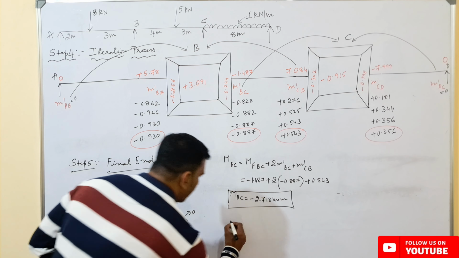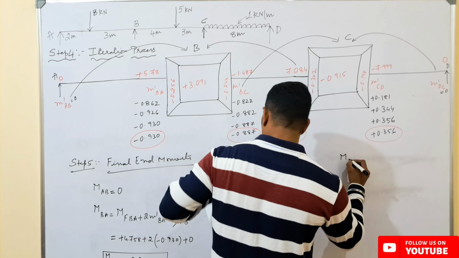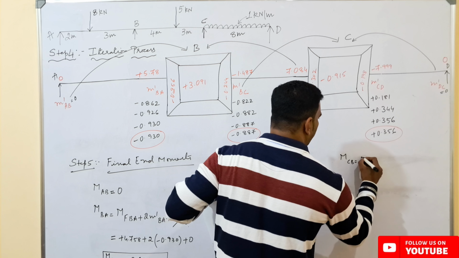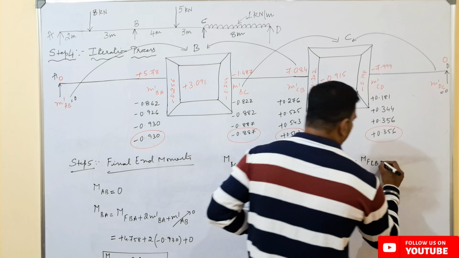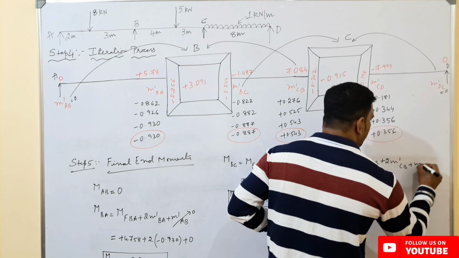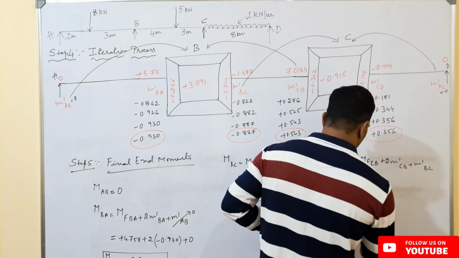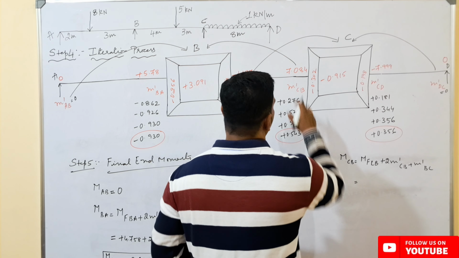Similarly, here I'll write moment from B to C, this will be C to B, that is fixed end moment from C to B plus 2 times the rotation contribution about the near end plus 1 times rotation contribution about the far end. Here M'CB, how much we have got here?